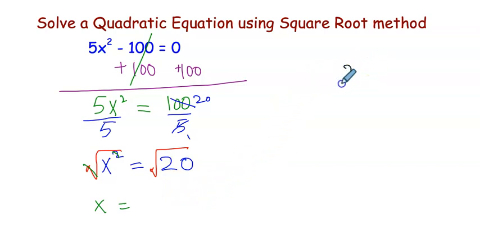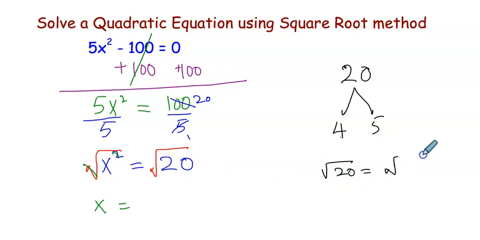Even though 20 is not a perfect square, it is a product involving a square number. As you know, 4 times 5 is 20. 4 is a square number, right? 2 squared is 4. Therefore, I will write the square root of 20 as the square root of 4 times 5.